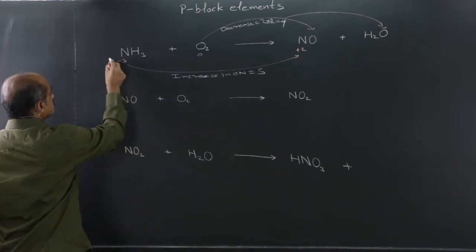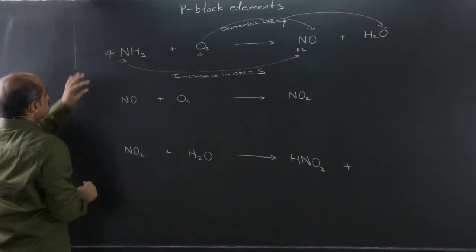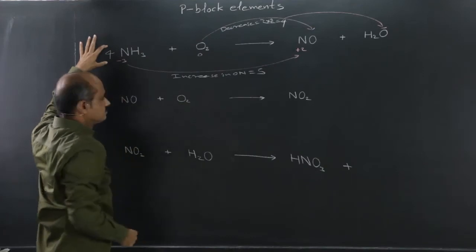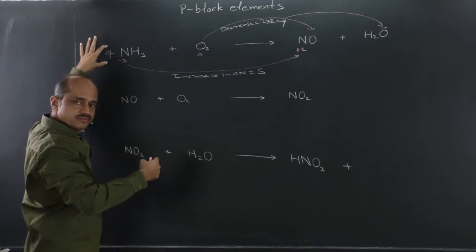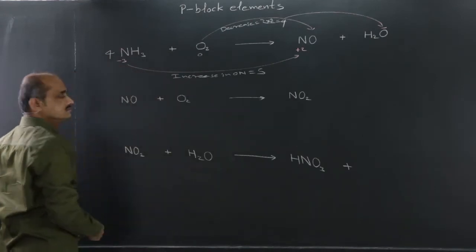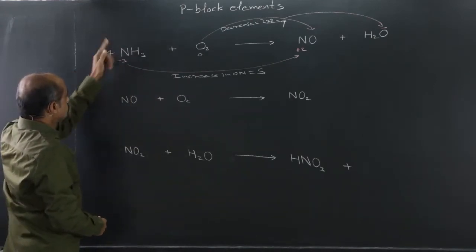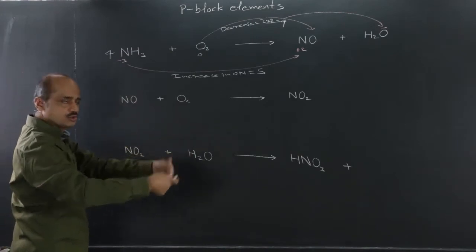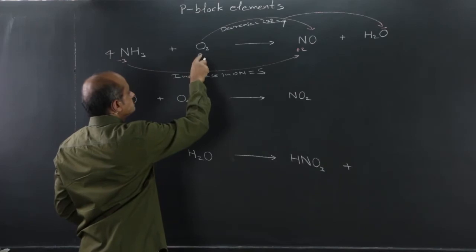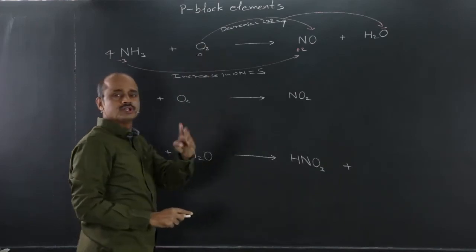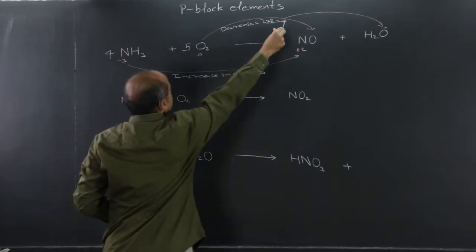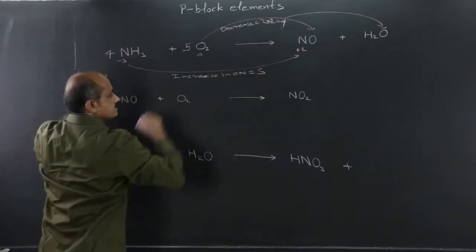So if 4 is the coefficient here, the total change from -3 to +2 will become 20. If coefficient 4 of -3 releases electrons, that is the total increase. For that, one molecule corresponds to a total decrease of 4, means coefficient 5 if it is present, 5 into 4, 20, 4 into 5, 20.